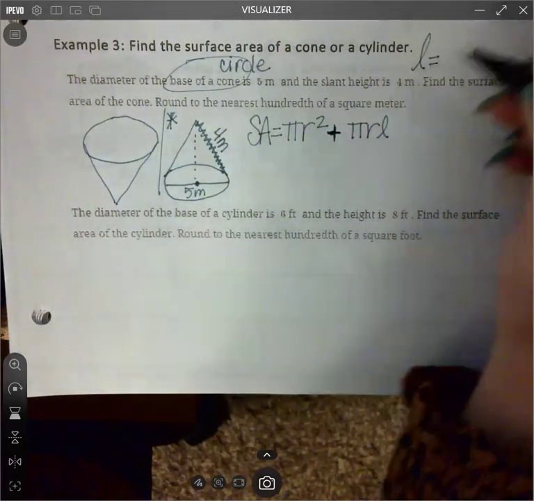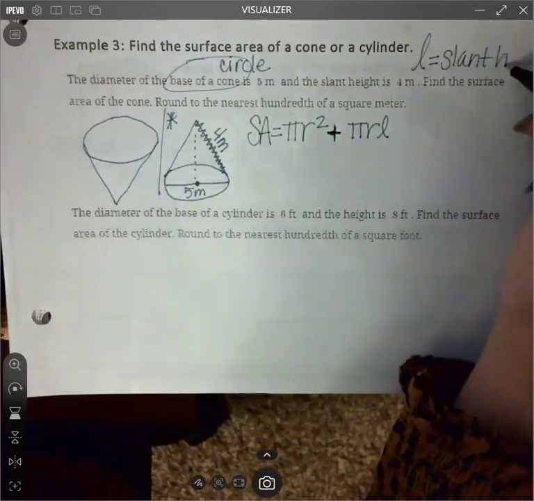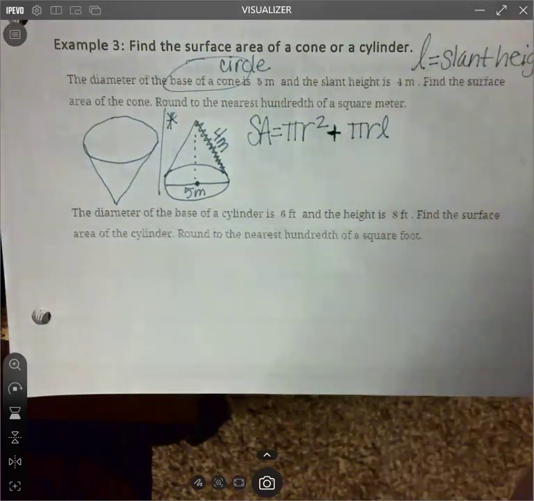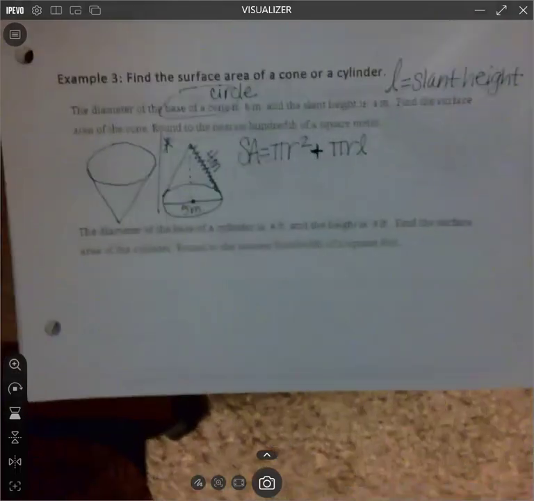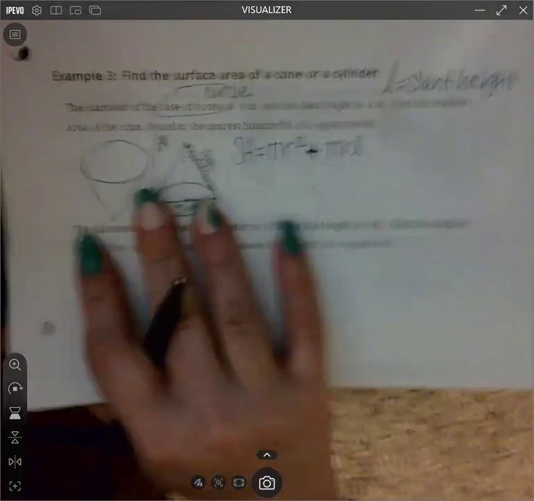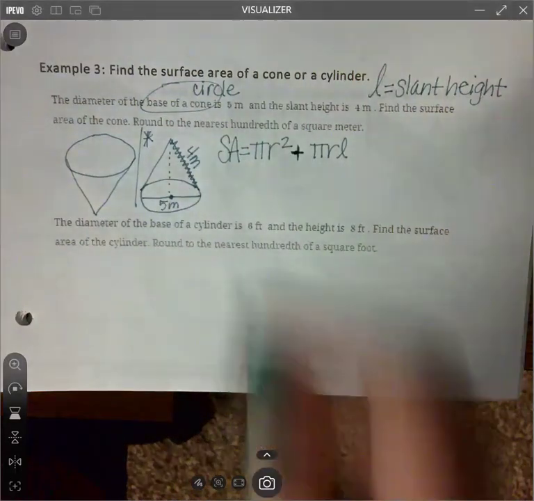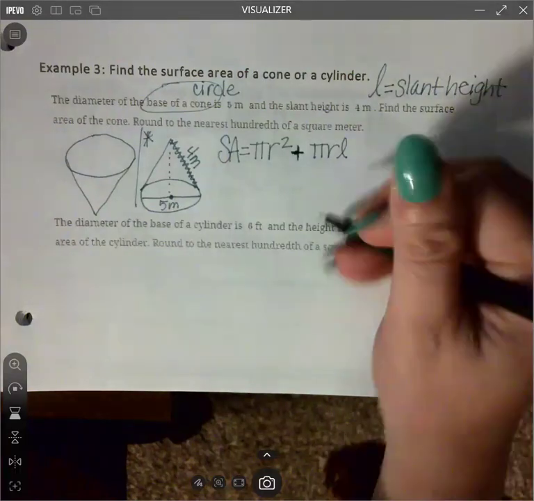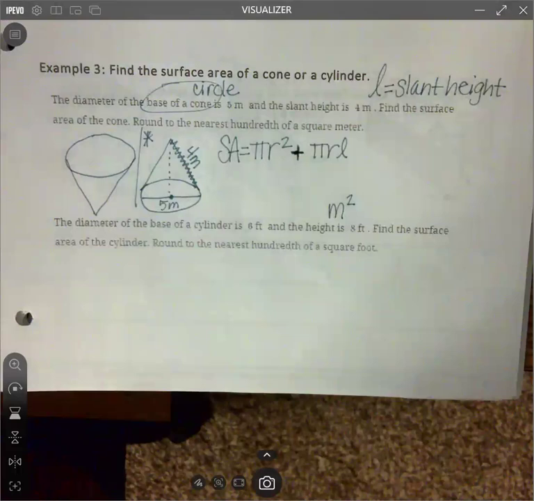This is a cursive L, and it stands for the slant height. Again, that cursive L stands for the slant height in that formula. Surface area is an area measure. That means that our answer is going to be units squared.